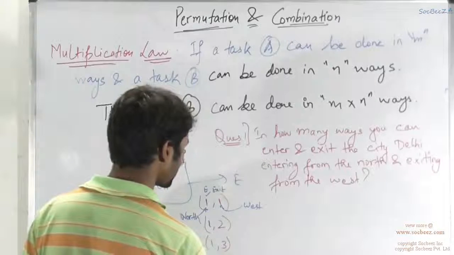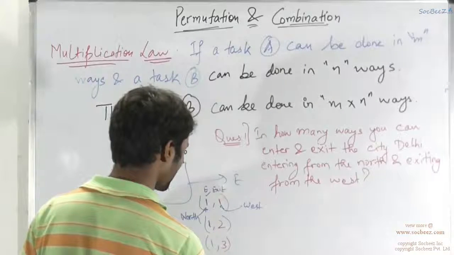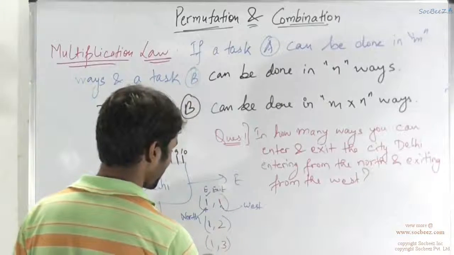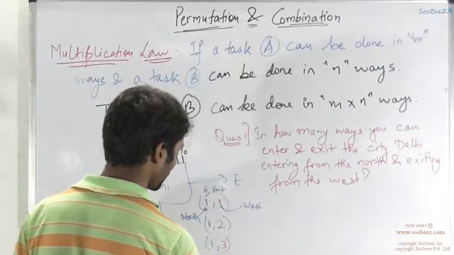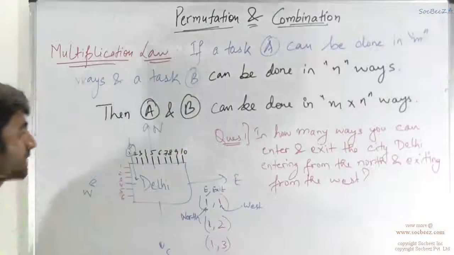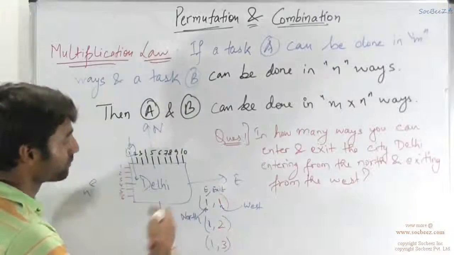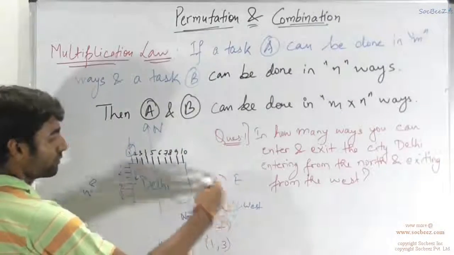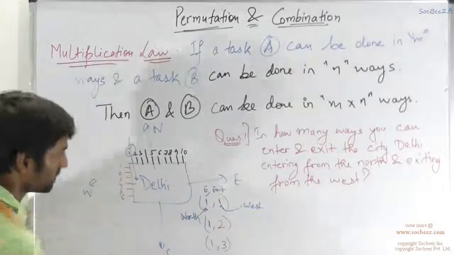So if you start just enumerating it, you will get 6 cases corresponding to all the 6 gates on the west side. That is, you are fixing just the first gate from which you are entering, and for that gate you have 6 possibilities.